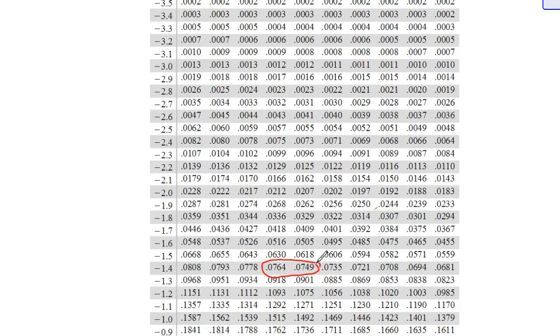So what I'm going to do is take the one closest to 0.075. And that one closest is 0.0749. And so the z-score for that is negative 1.44.